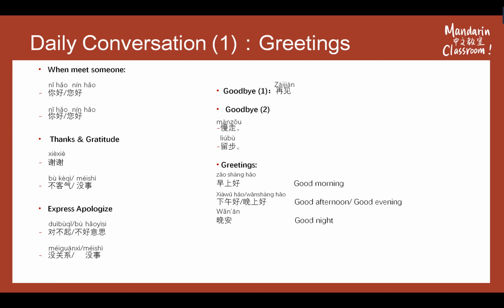And for the last, there are some greeting sentences for the time of day. For the morning, we should say good morning. In Chinese, it's 早上好. And for good afternoon and good evening, we have 下午好 for good afternoon and 晚上好 for good evening.